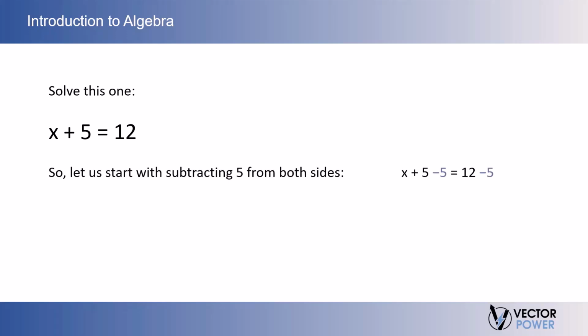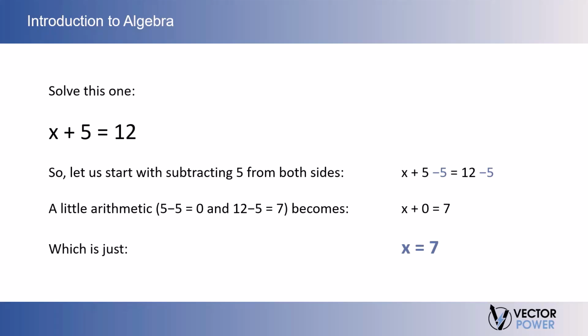So let us start with subtracting 5 from both sides. So we would have x plus 5 minus 5 equals 12 minus 5. And with a little arithmetic, it becomes x plus 0 equals 7, which is simply x equals 7. Problem solved.